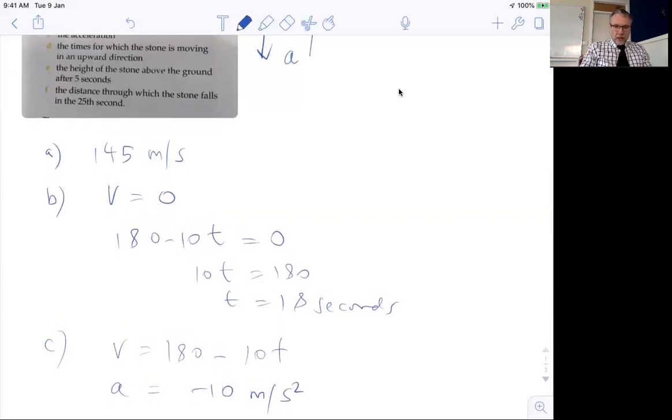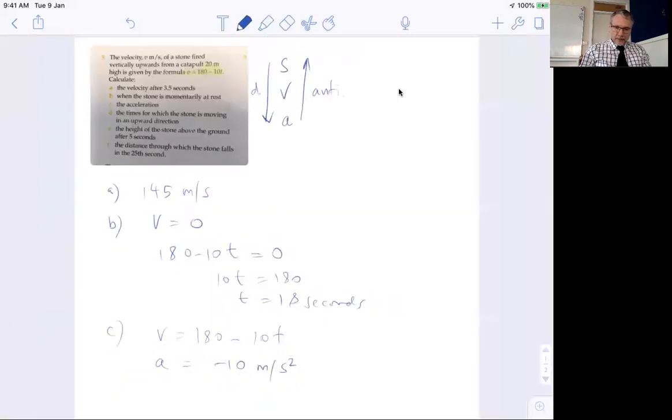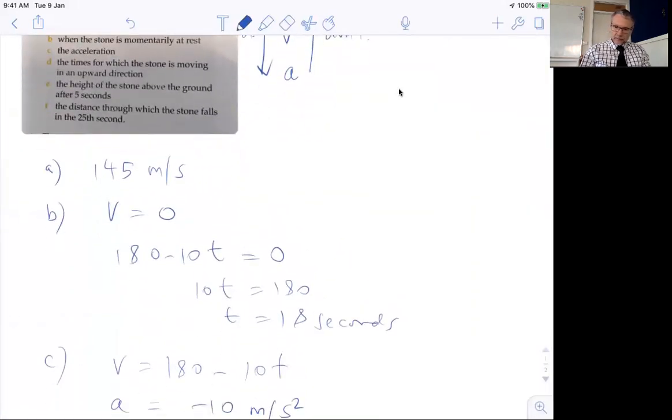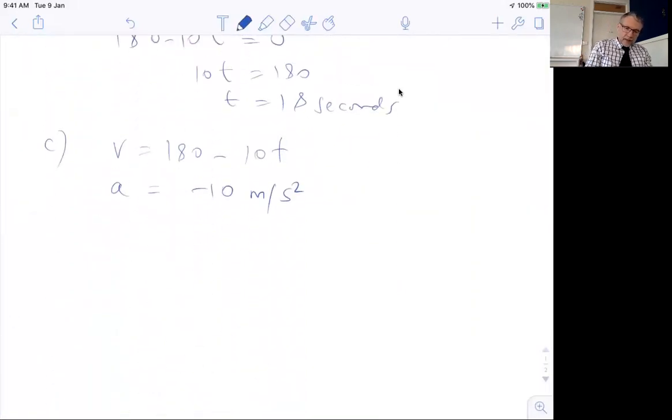D says the times for which the stone is moving in an upward direction. The stone goes up, comes to rest momentarily, and then descends again.